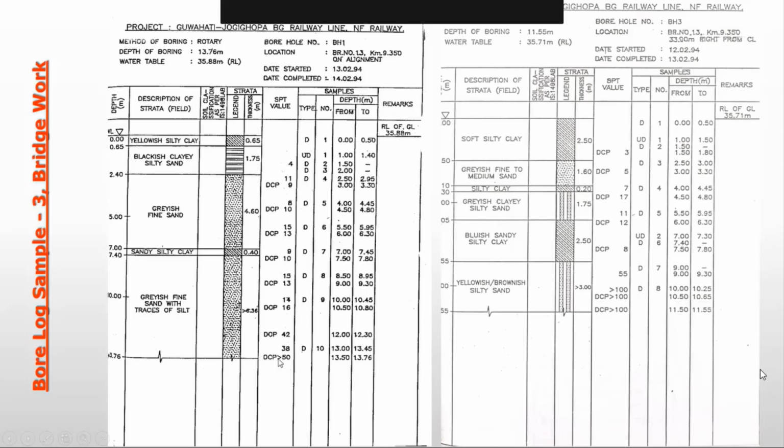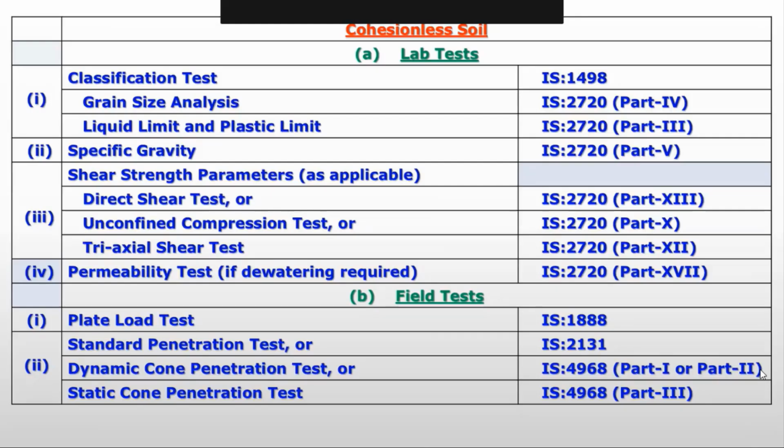So this is how the area is depicted, or how the borehole details are given to you. And these samples, disturbed or undisturbed, are packed and handed over to you for the laboratory test, or if the same agency has to do the laboratory test, they will do it and keep a small portion also for reference for your visual examination, because when they give you the test, they will give you a box where the samples have been kept.